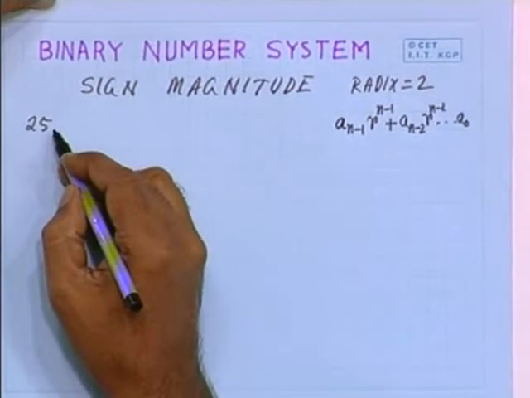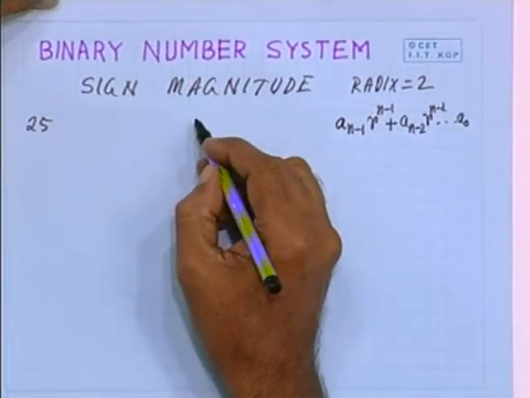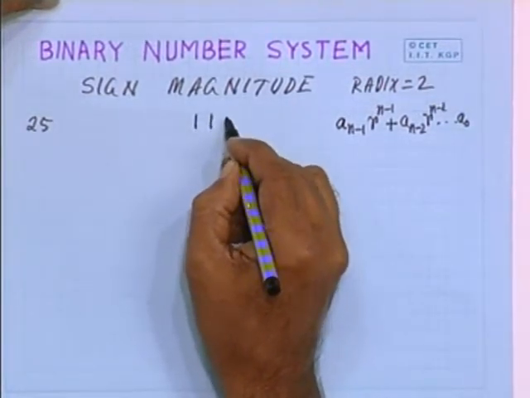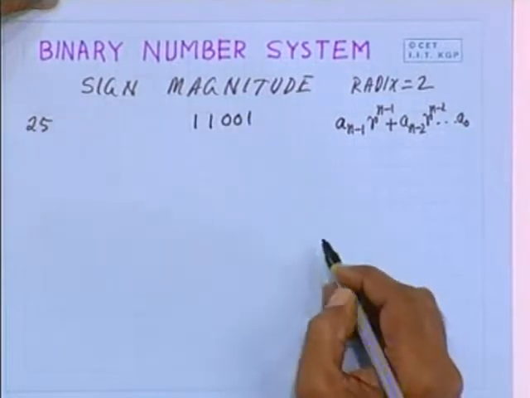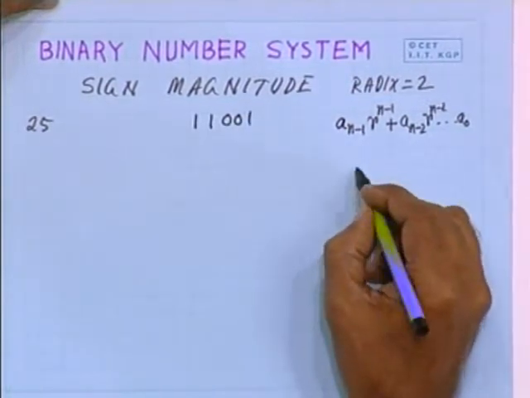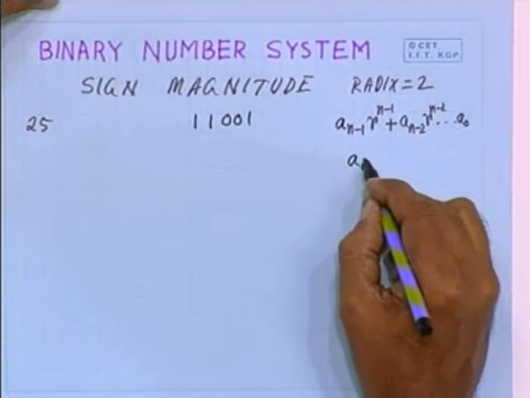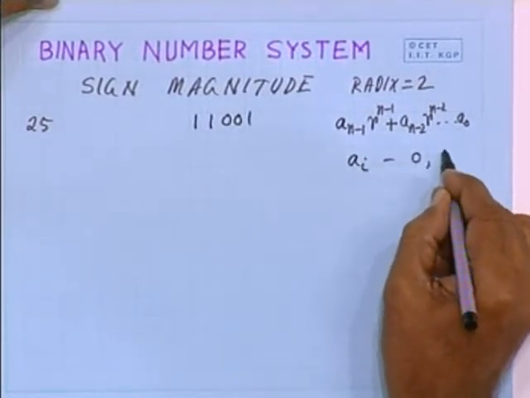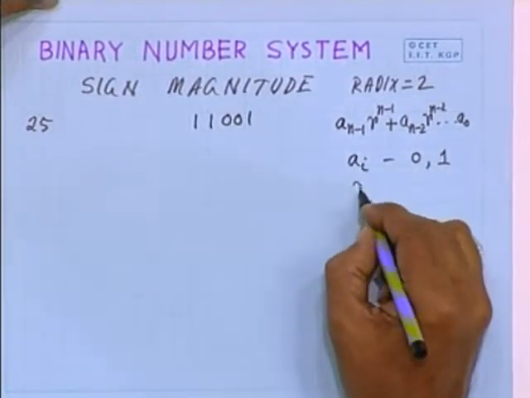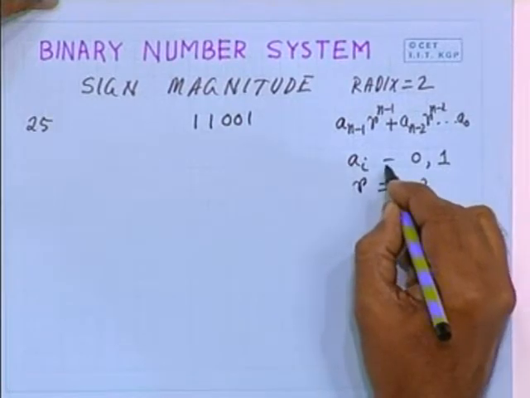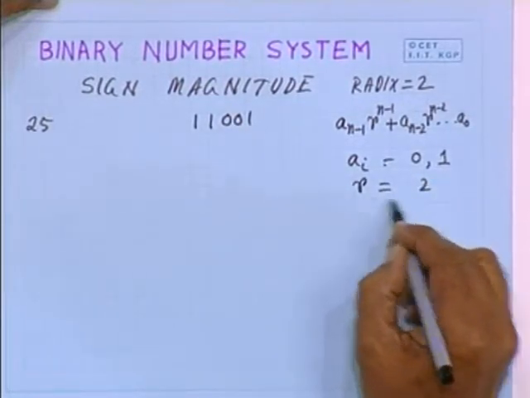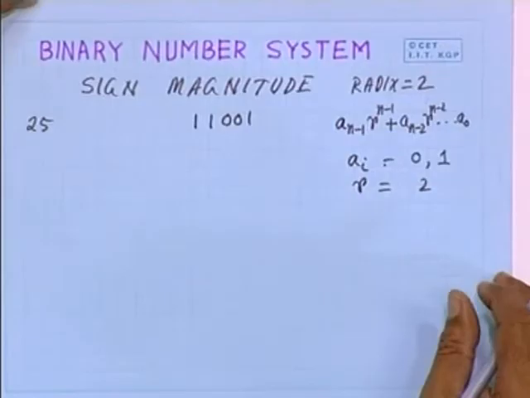For example, 25 is represented as 1 1 0 0 1. In this case, your ai can be either 0 or 1, and r is equal to 2, which is known as the radix of the binary number system.